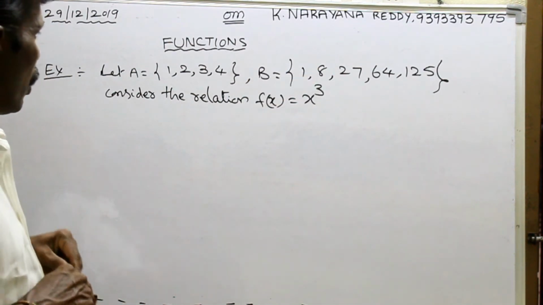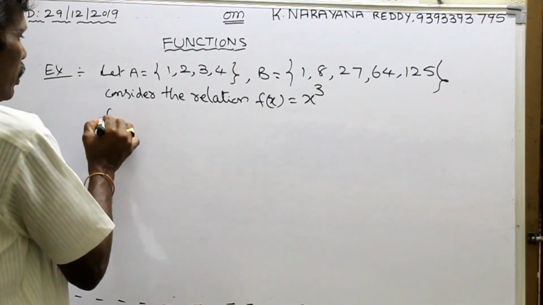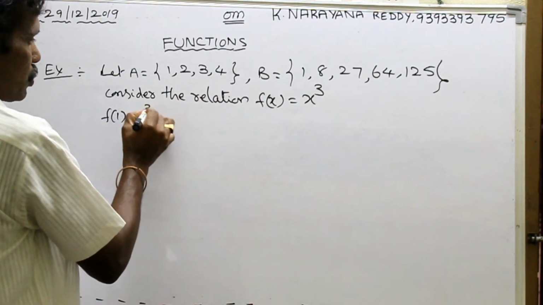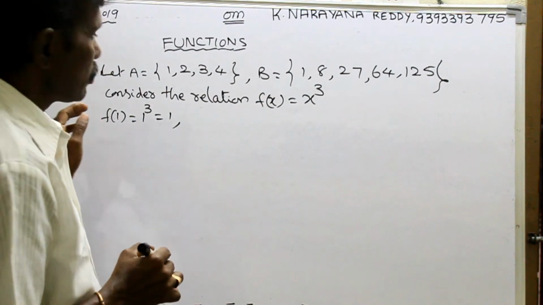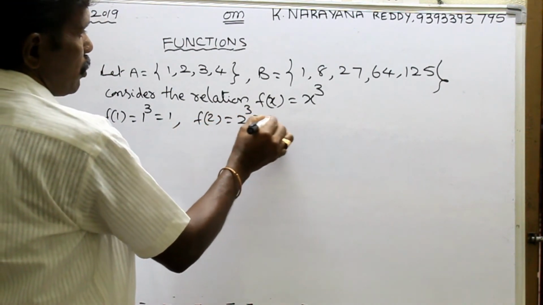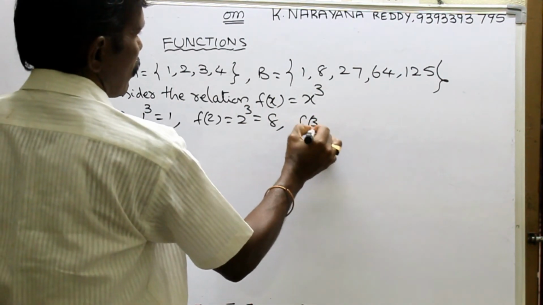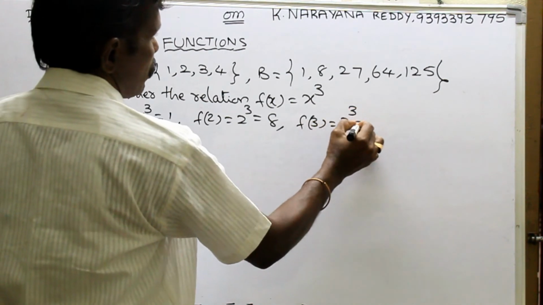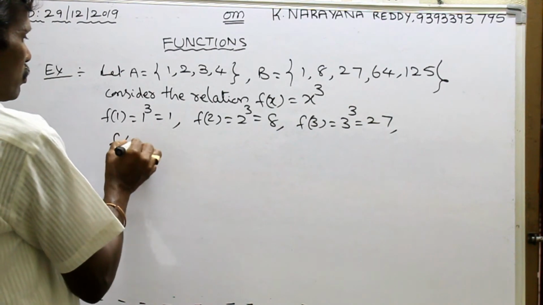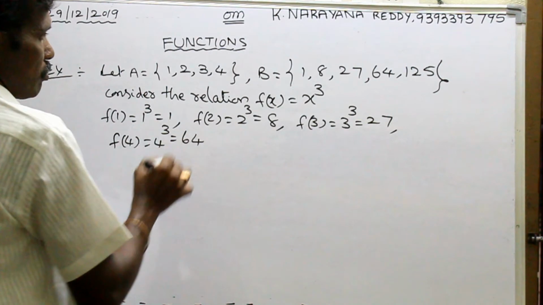Okay. Now see here, f of 1 equals 1 cube equals 1. f of 2 is equal to 2 cube equals 8. f of 3 equals 3 cube equals 27. f of 4 equals 4 cube equals 64.